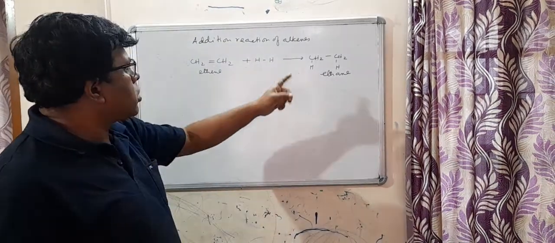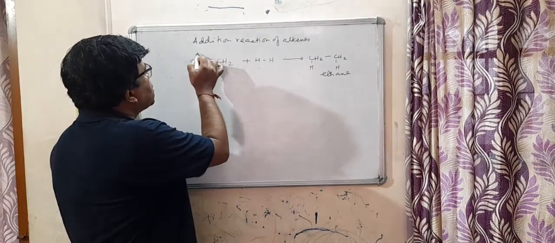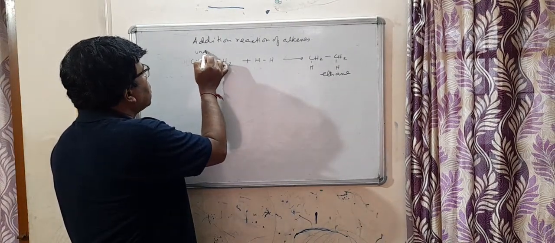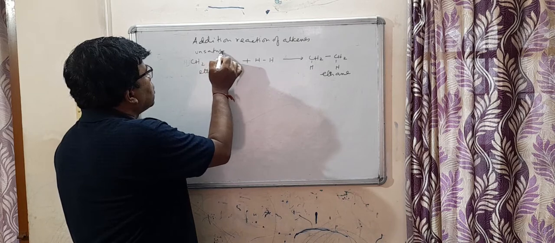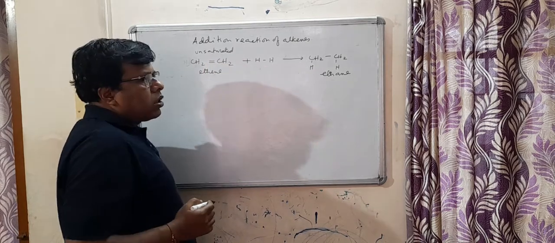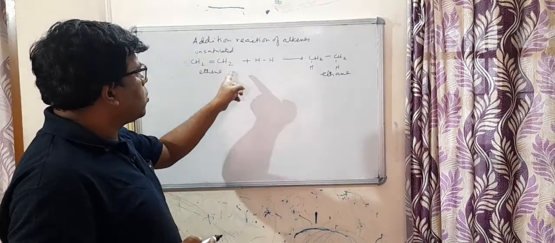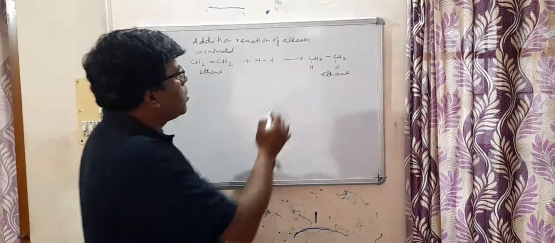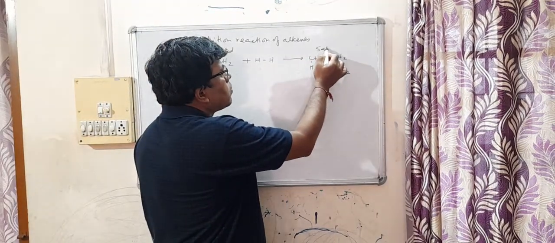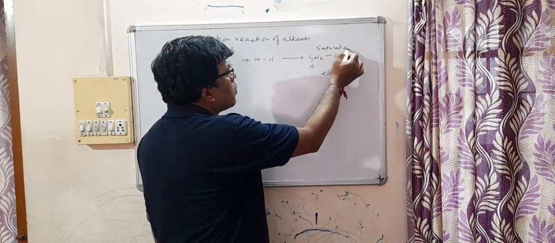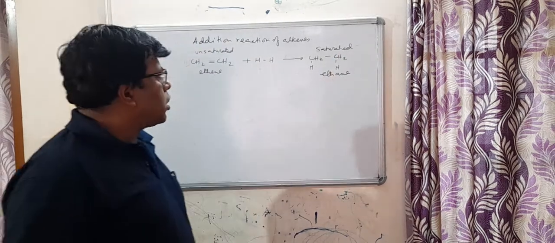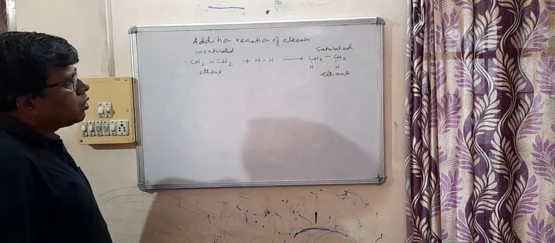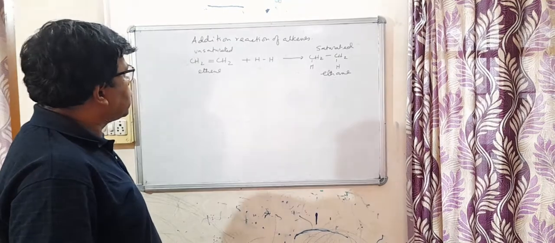So during addition reaction, an unsaturated compound, unsaturated because there is carbon-carbon double bond, becomes saturated in an addition reaction. Now, these terms you have to know for addition reaction.